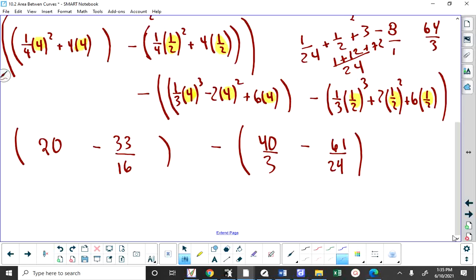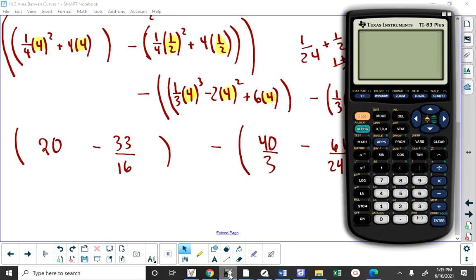So, my brain is just hit, not a breaking point, but sometimes it's okay to use a calculator, even if you know you're not supposed to. 20 minus 33 sixteenths gives me 287 sixteenths.